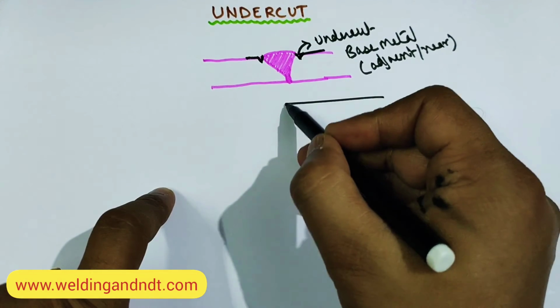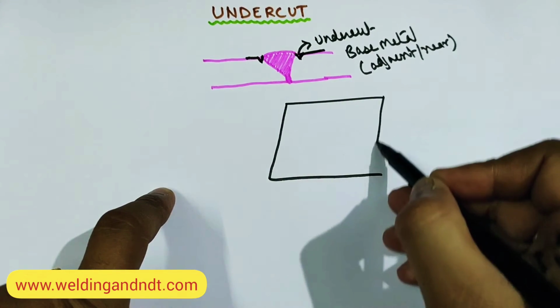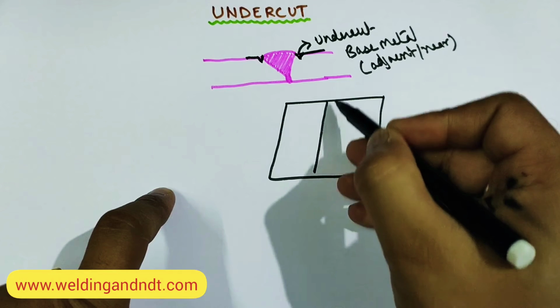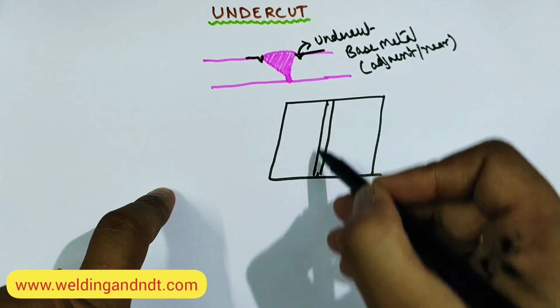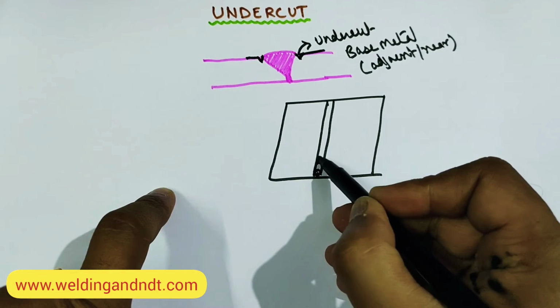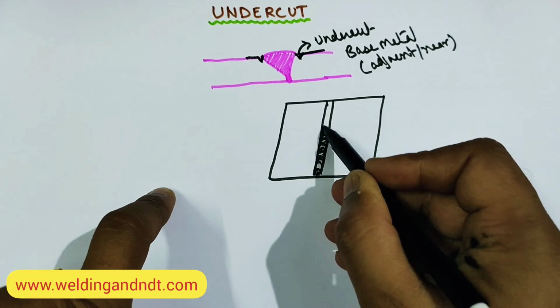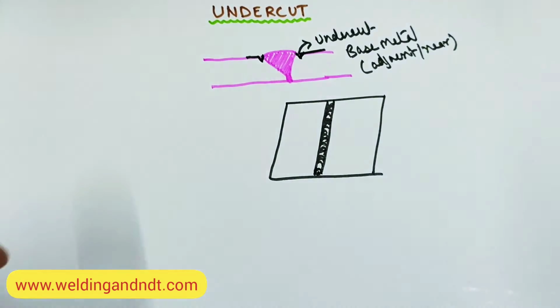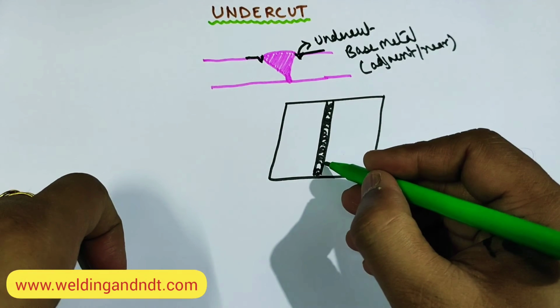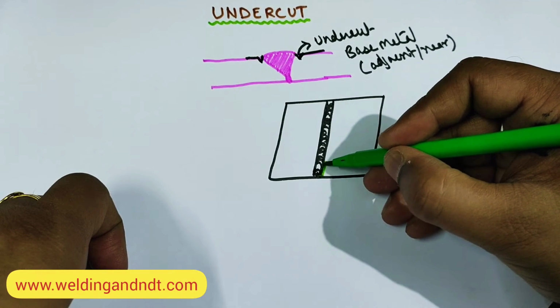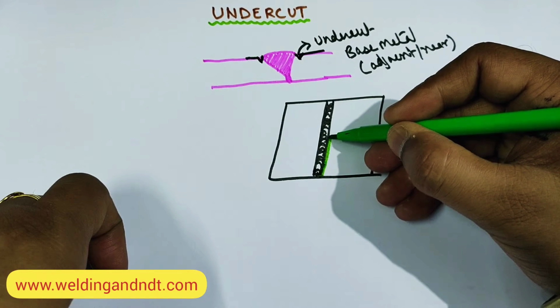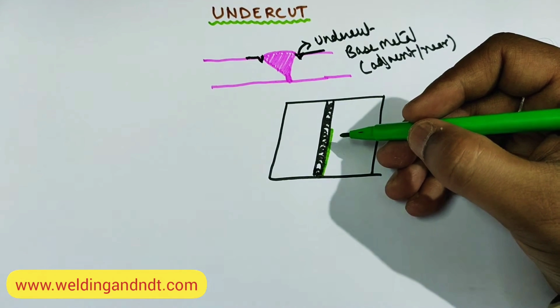And one more thing, I'll draw the top view of this welding. Like this is your welding. Now what happens if an undercut is formed? That undercut will be on the base metal or parent metal, and it always runs parallel to the weld metal.